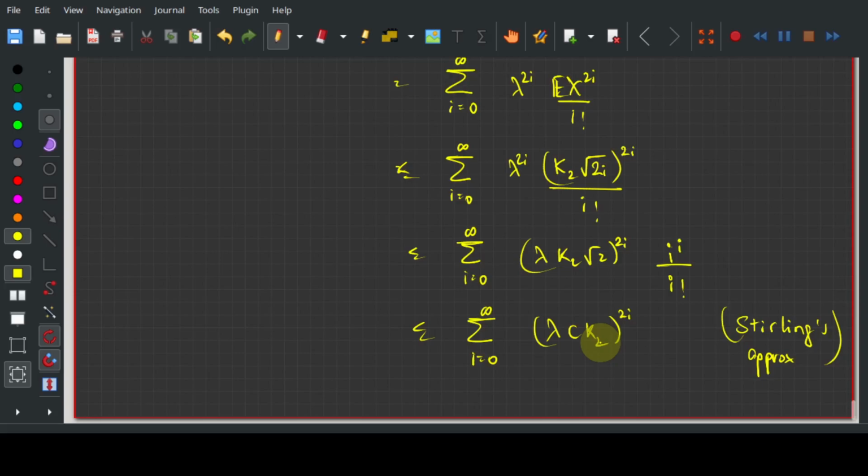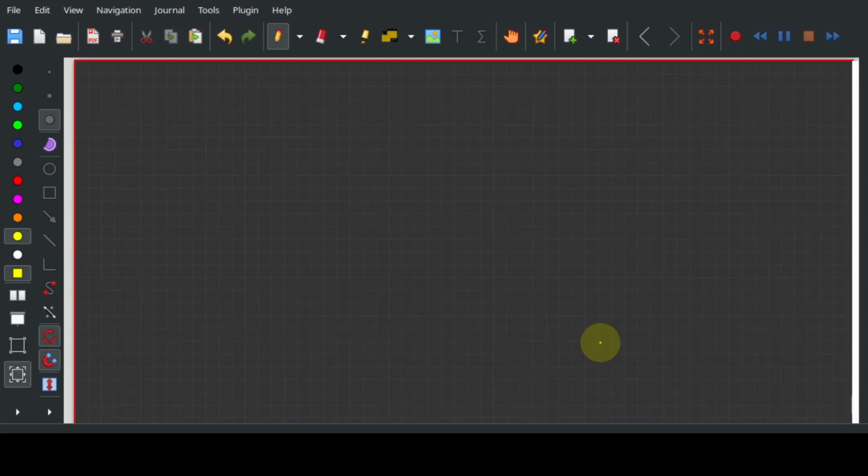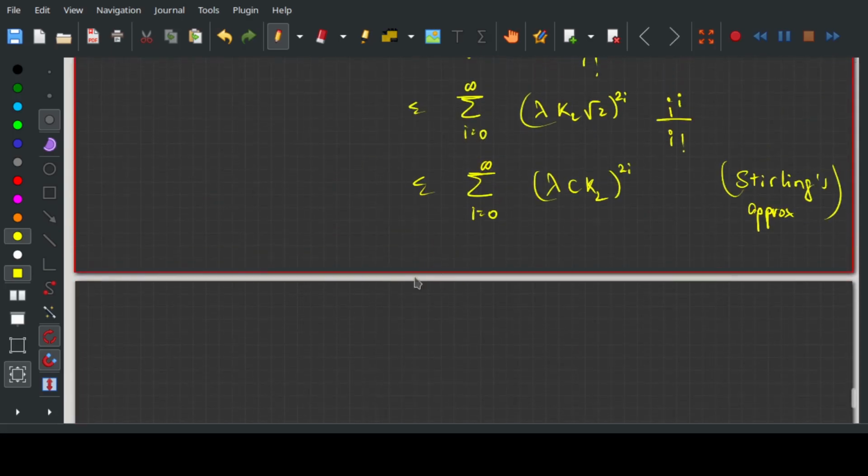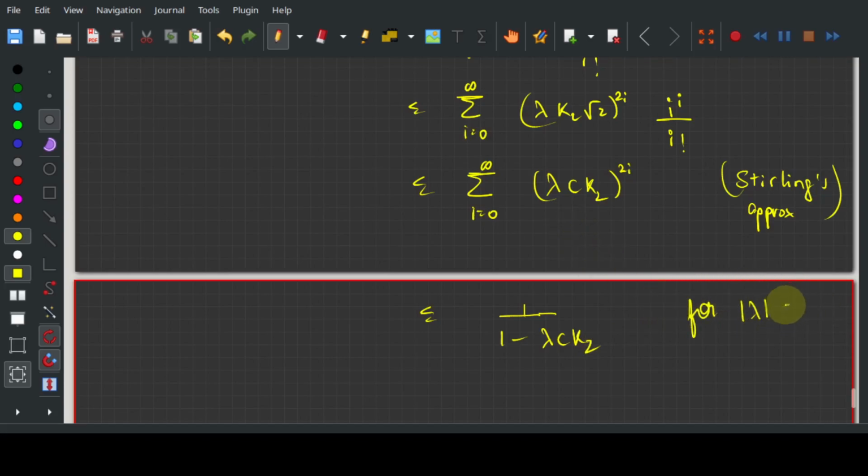This is a geometric series, right? So this is less than or equal to 1 by 1 minus lambda c k2, for as long as the absolute value of lambda is strictly less than 1 over c k2.